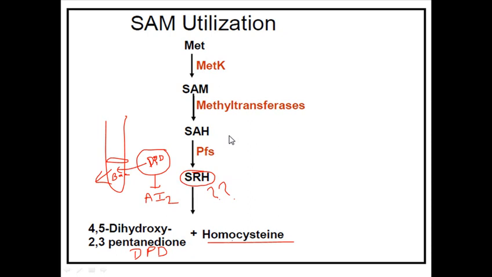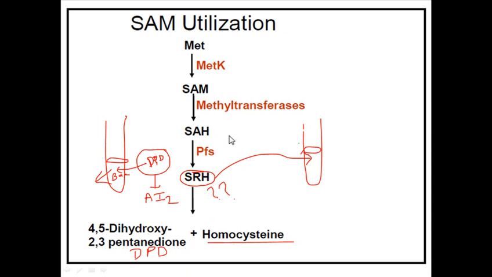Another set of experiments is carried out. We have a test tube, we add the SRH molecule in the test tube, and we look for the conversion of SRH into homocysteine and DPD molecule.